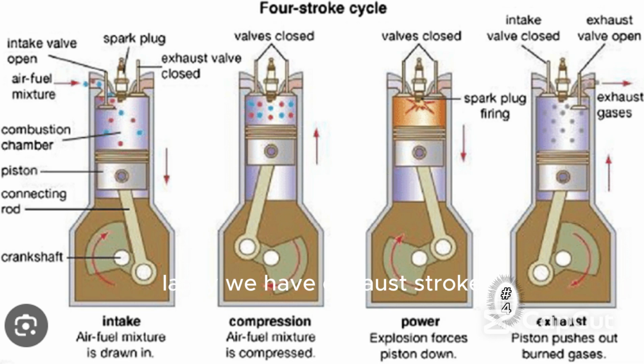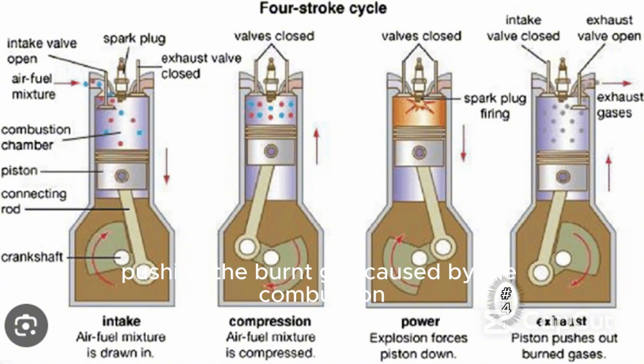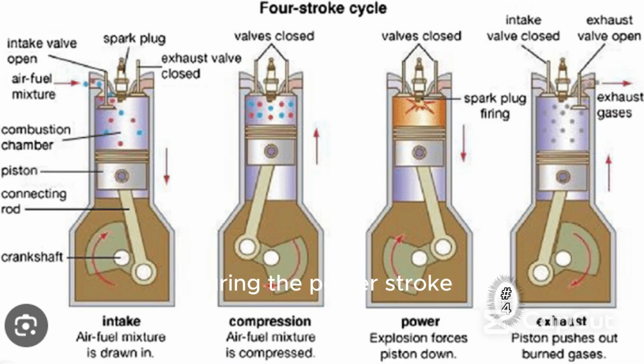Lastly, we have the exhaust stroke, where the exhaust valve will be open and the piston will be moving upwards, pushing the burnt gas caused by the combustion during the power stroke to go outside through the exhaust valve.